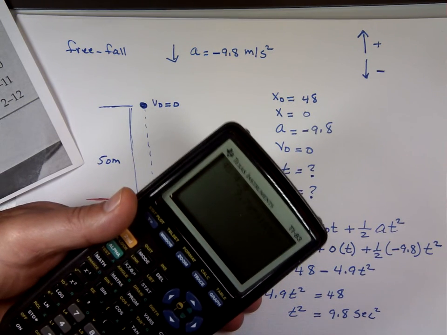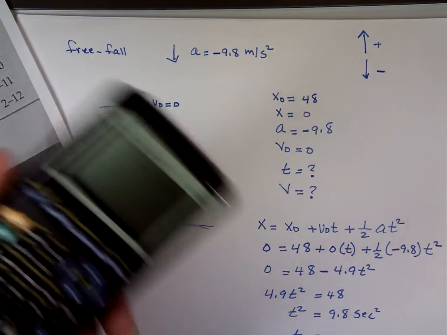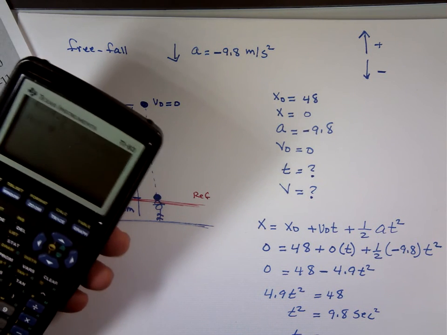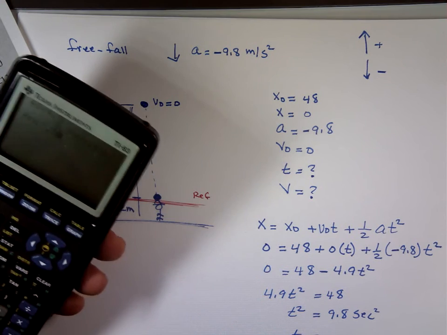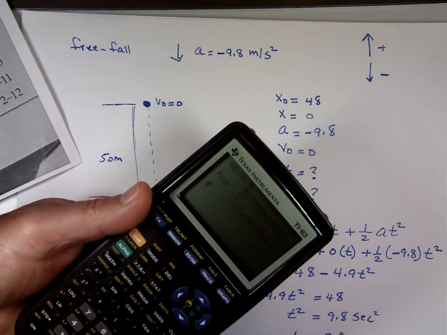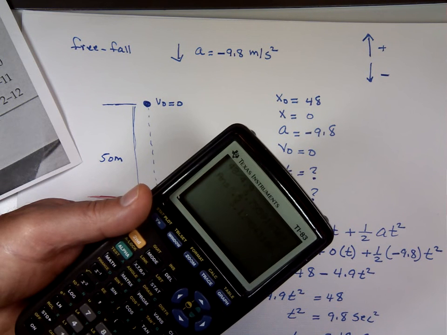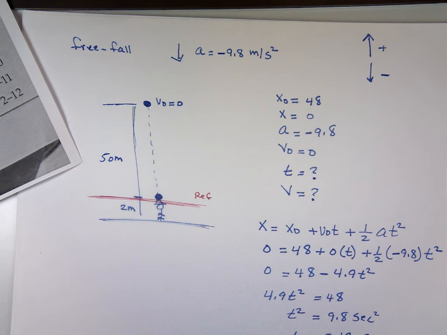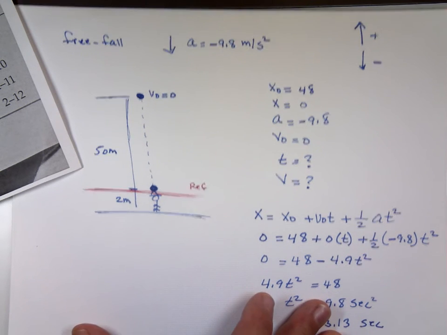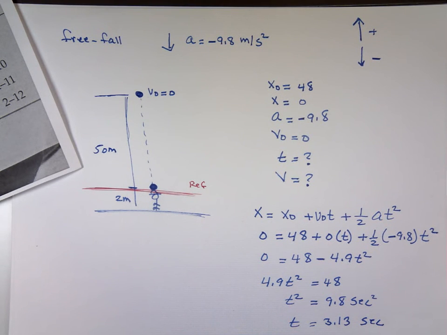The square root of that. Take the square root of that number. 3.13 seconds. So the water balloon is going to be in the air, coming down. It's going to take a little bit more than 3.13 seconds before it hits that teacher on the head.